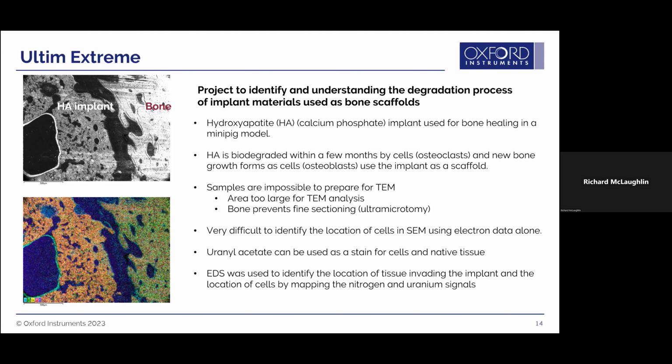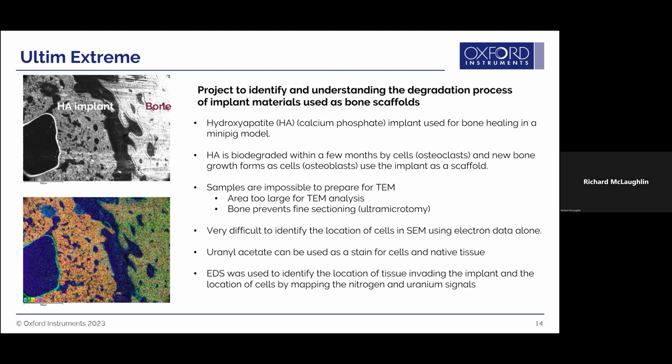It was planted into what they call mini pigs, so very small pigs. And unfortunately for these pigs, I guess they were sampled every month for 3 months. And then the samples were mapped and imaged to see how the implant broke down, biodegraded, and was replaced by cells and by new bone growth.